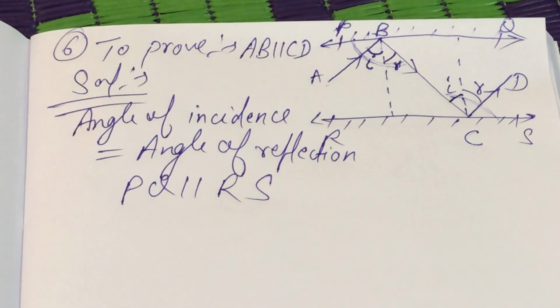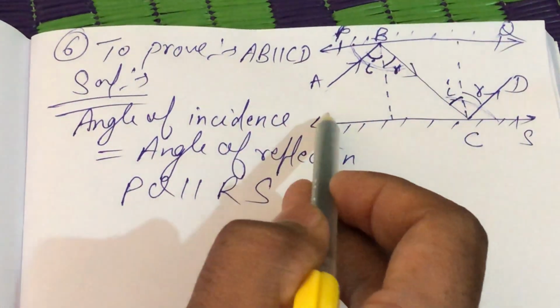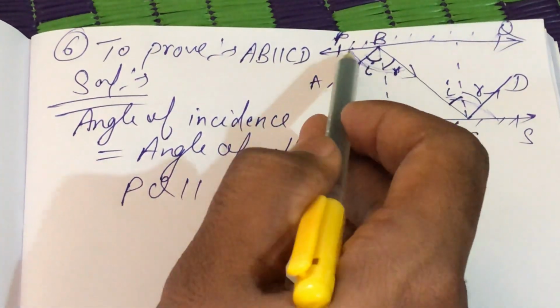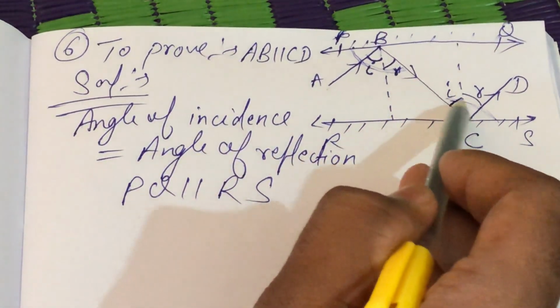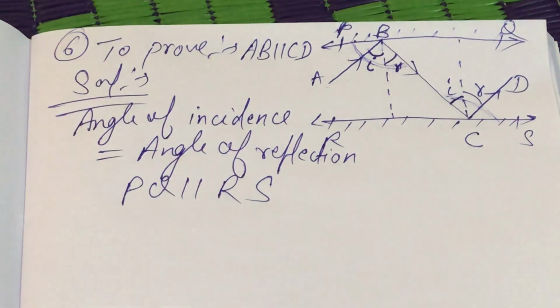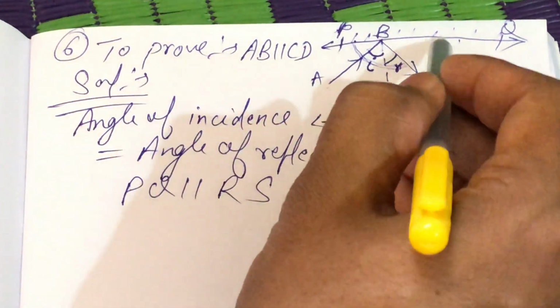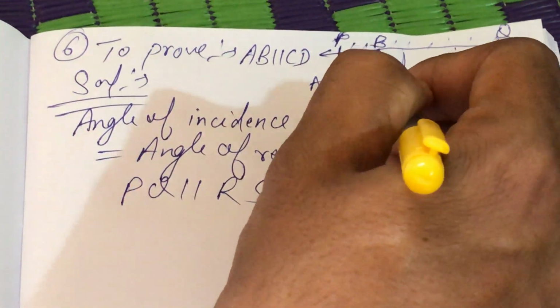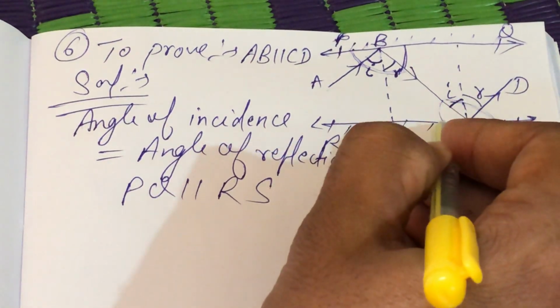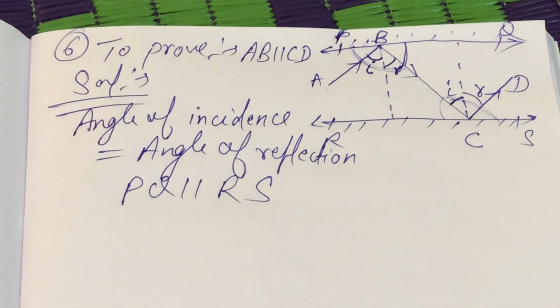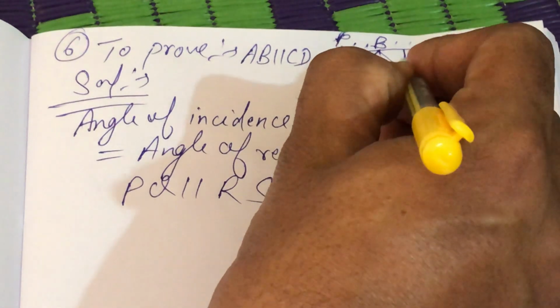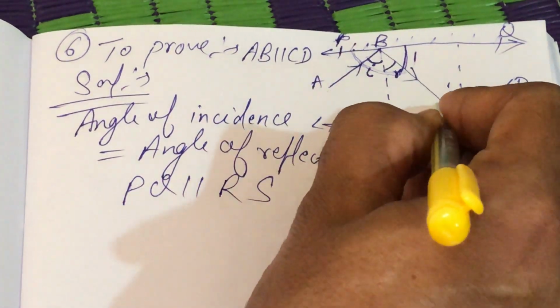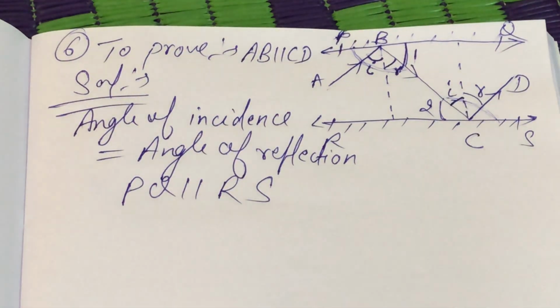Why? Alternate interior angles. Similarly, angle 1 and angle 2 are equal. Why? Alternate interior. So I can take angle 1 and angle 2 as equal.